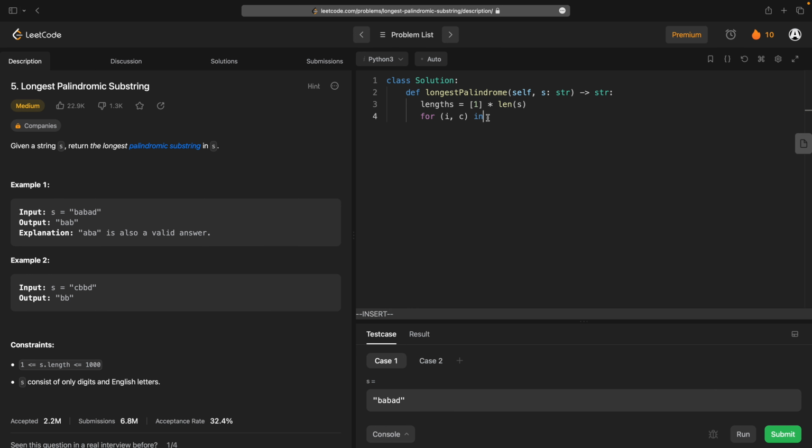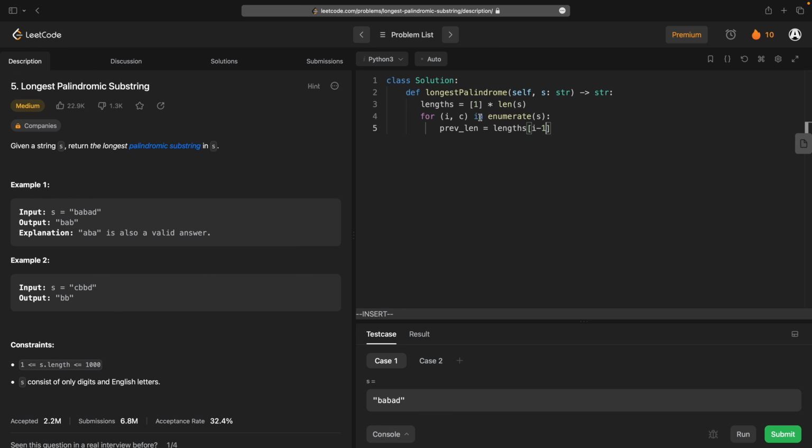So what we've got here is the length is going to be 1 times len s. For i, c in enumerate s, prevlen is equal to lengths i minus 1.